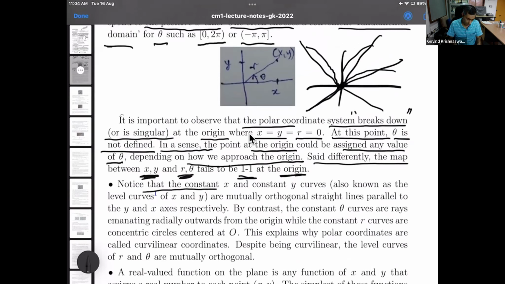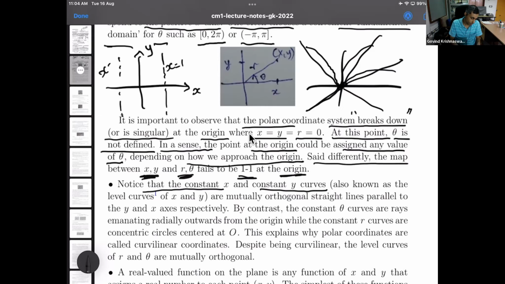Notice the constant x and constant y curves in Cartesian coordinates. If I look at a constant x curve, a curve along which x is constant, well, that would be a vertical line. So x equal to 1, x equal to -1.